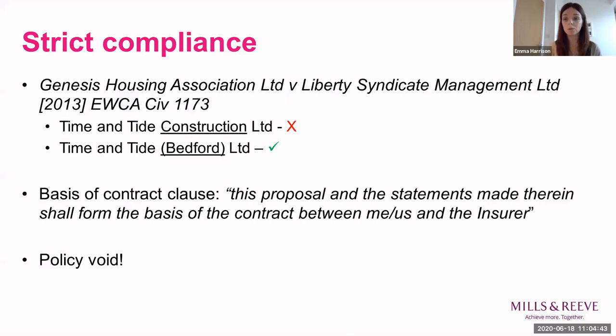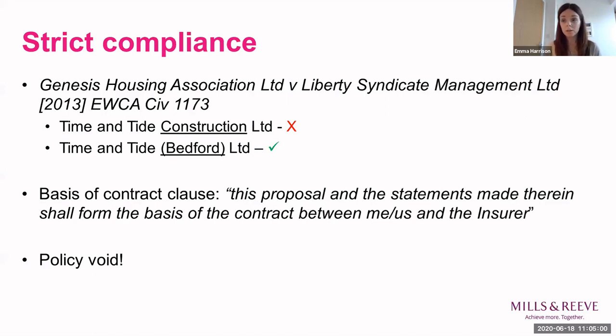And the proposal form contained the wrong name of the project builder. On the proposal form, the builder was named as Time and Tide Construction Limited, whereas the correct name should have been Time and Tide Bedford Limited. So a seemingly simple and innocent error to make.